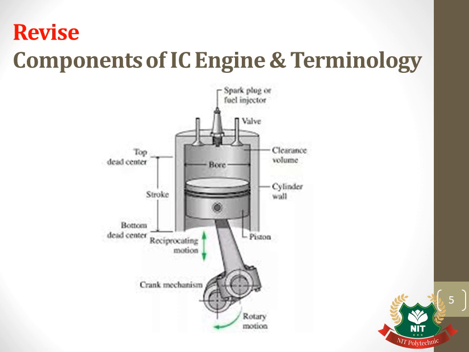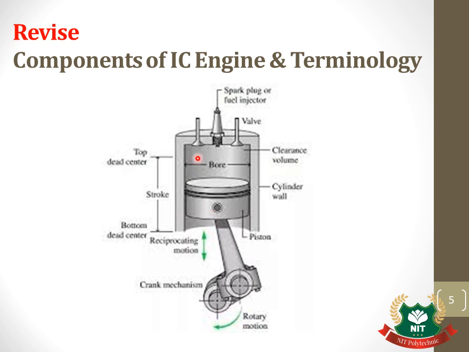Now, before moving further, let's revise what we have learned in the last lecture. In the last lecture, we have learned about the components of IC engine and the terminology of engine. We have learned that we have a hollow cylinder in which a piston is used.